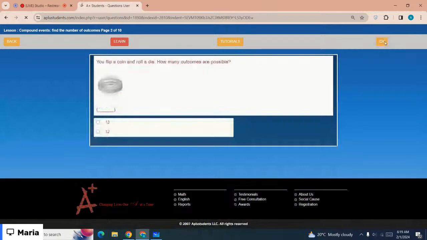The next one is you flip a coin and roll a die. How many outcomes are possible? So, which is the correct option?